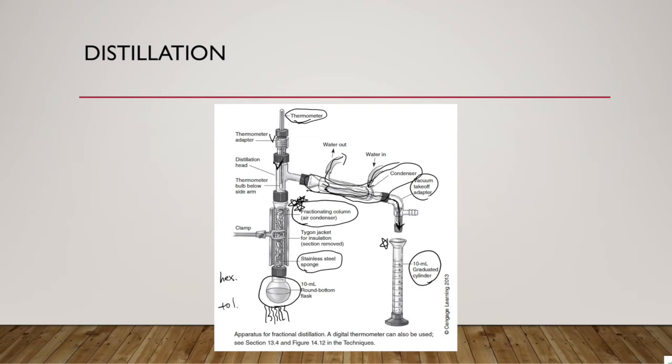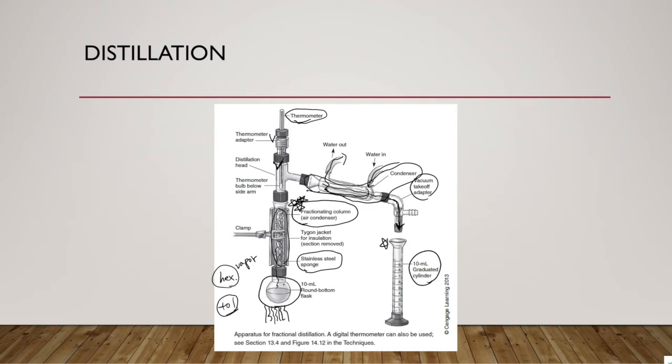Hexane has a boiling point of about 69, so this hexane will start boiling first. Then it will saturate this fractionating column with hexane vapors. But at the same time, a little amount of toluene is also going to start boiling, and sometimes the toluene molecules are carried into the fractionating column as well.